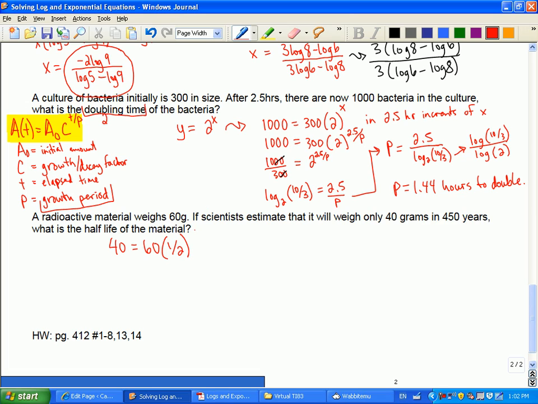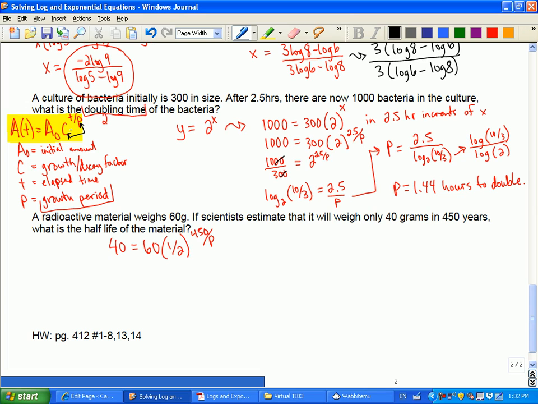And I'm going to have time elapsed, and I know it's 450 years that have gone by, and I want to know how long does it take to have this substance? What's the growth period? So these two things are what are directly connected, the growth constant and growth period.